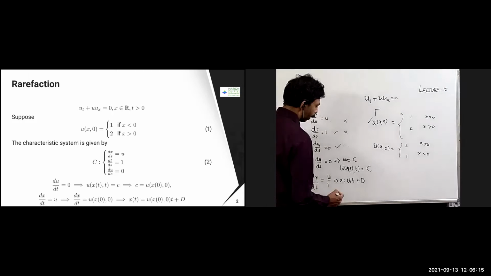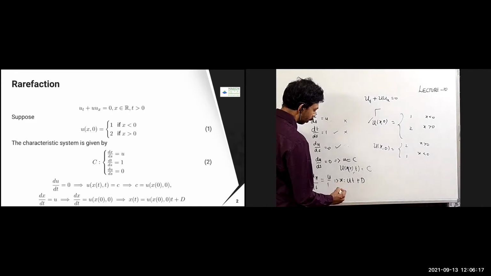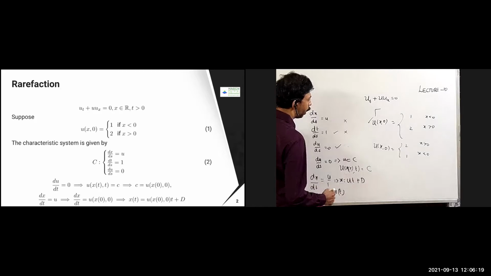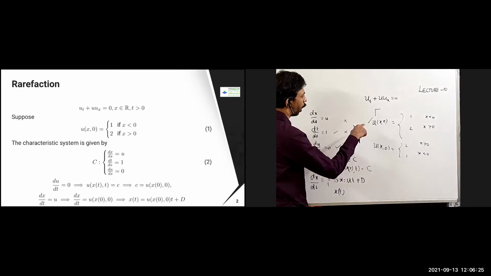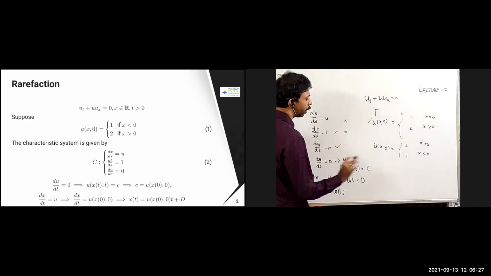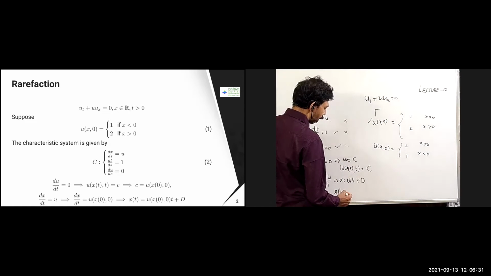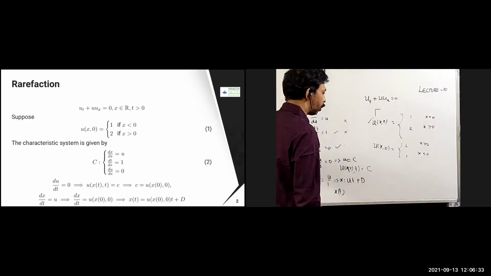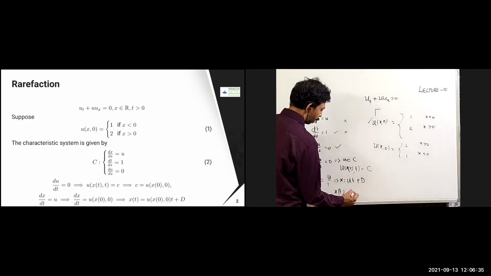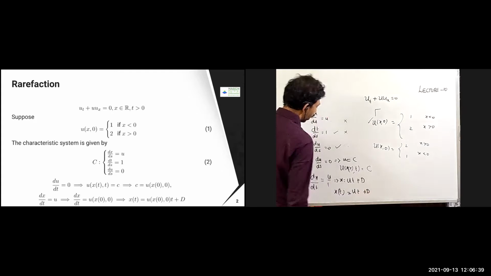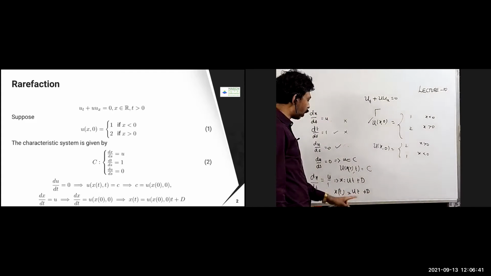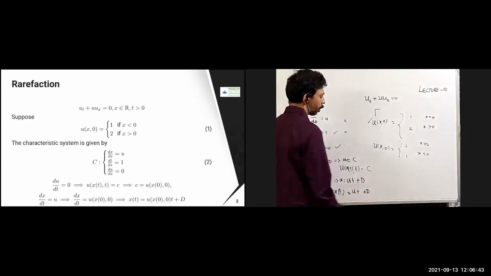Now at the initial time, x(t) is going to become ut plus d.